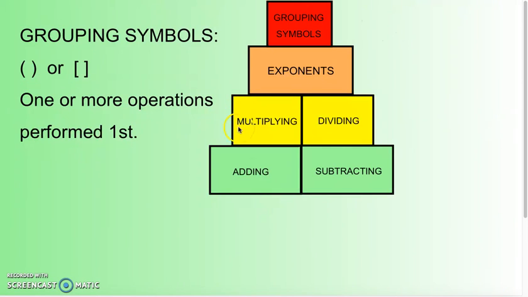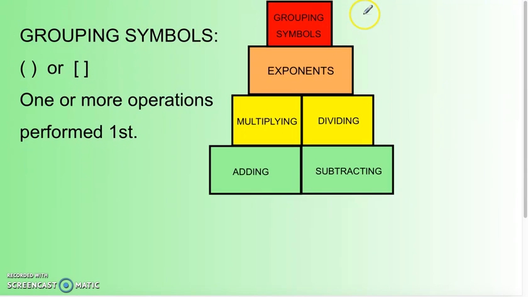The first way is to see a visual, such as this pyramid. With this pyramid, we want to start at the top and then work our way down. Notice at the top we have grouping symbols, and what I mean by that are parentheses or brackets.